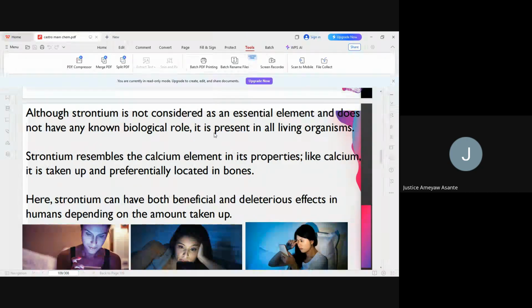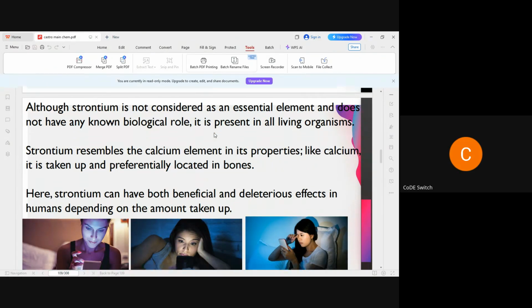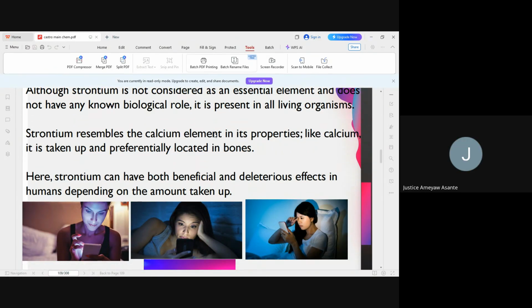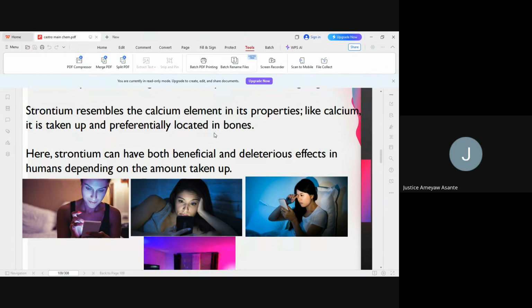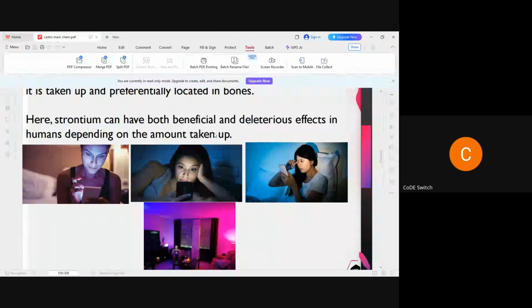We don't know its main function there. It resembles calcium in its properties, and it is taken up preferentially and located in the bones. Here, strontium can have both beneficial and deleterious effects in humans depending on the amount taken up.